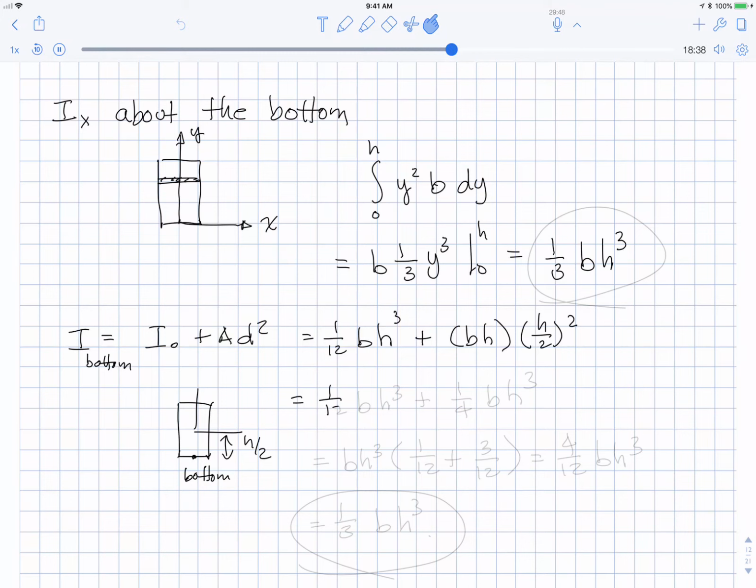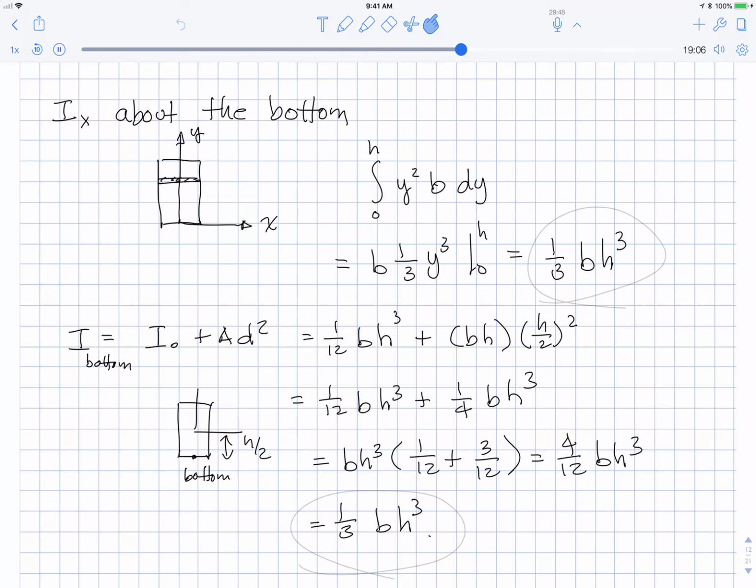So this is 1/12 bh cubed plus, let's see, 1/4 bh cubed, which is bh cubed times 1/12 plus 3/12 equals 4/12 bh cubed, which is 1/3 bh cubed. Now that I've done it both ways, maybe the first one was easier now that I think about it.